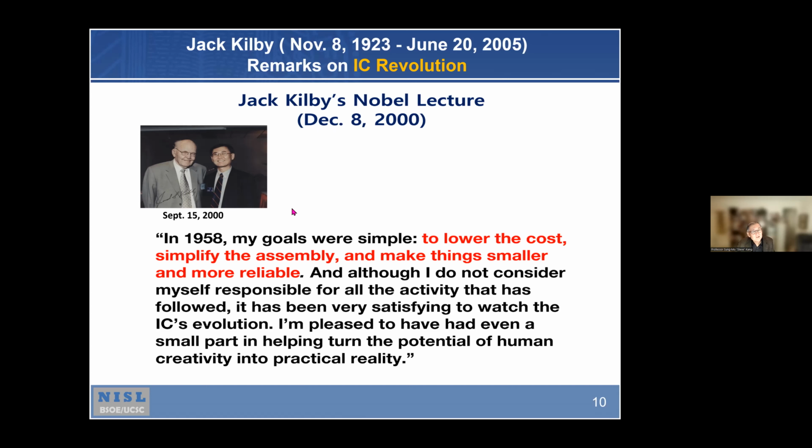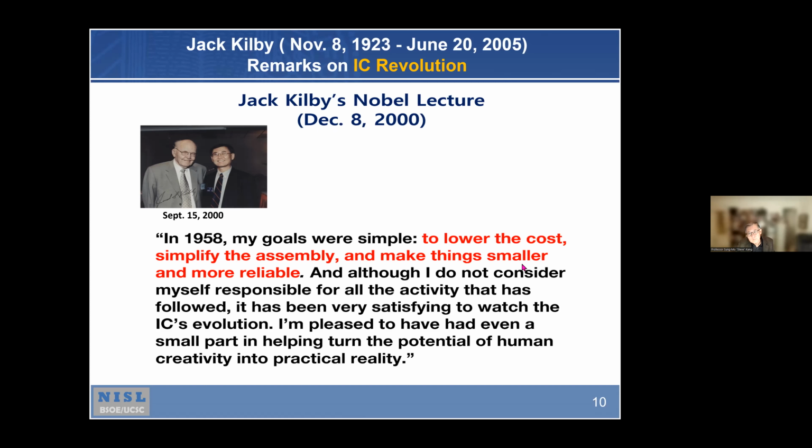And in his acceptance speech, this is what I would like to highlight. In 1958, my goals were simple: to lower the cost, this I underline, especially cost, simplify the assembly, and make things smaller, of course.